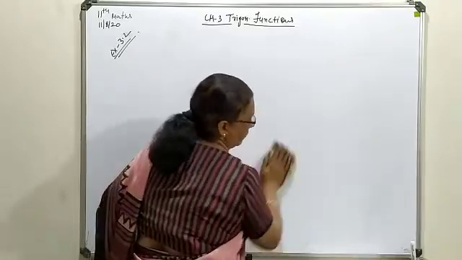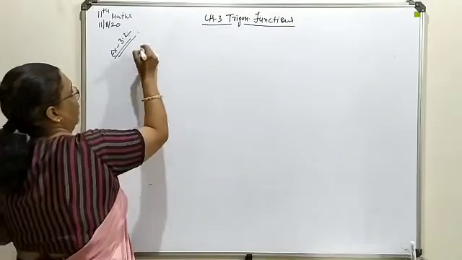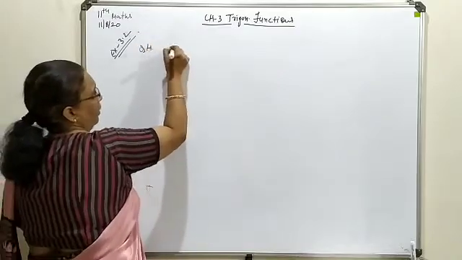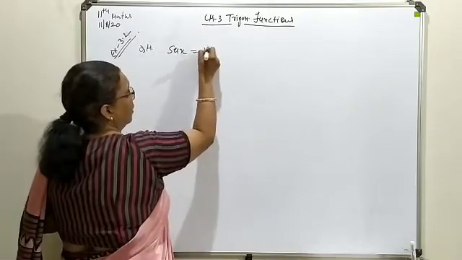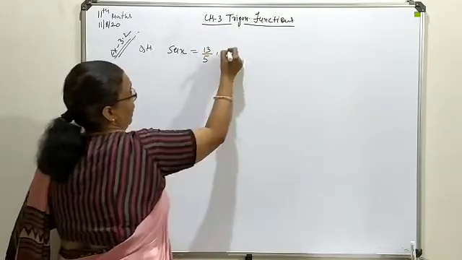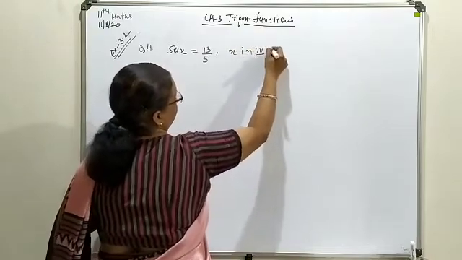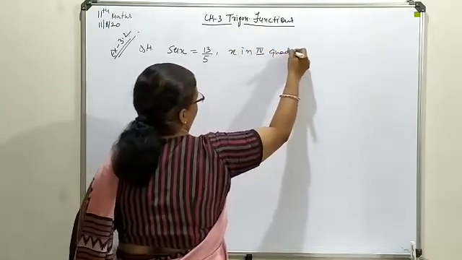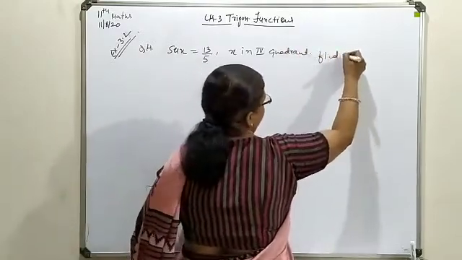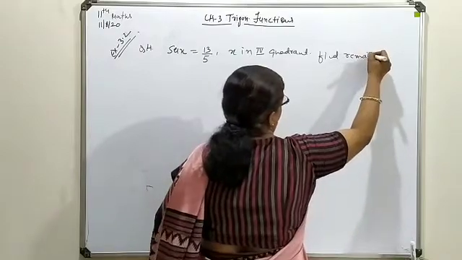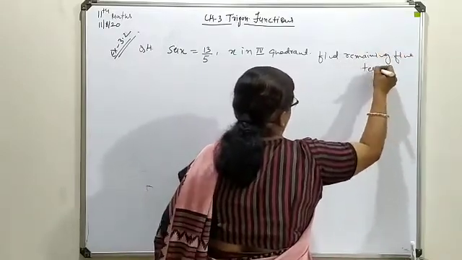So on the basis of that, here sec is available as 13 by 5, with x in the fourth quadrant. Here also find the remaining 5 terms.